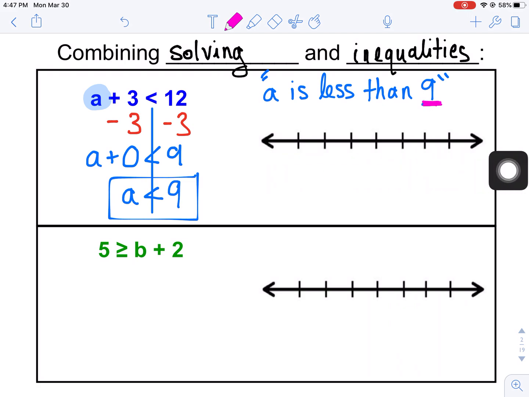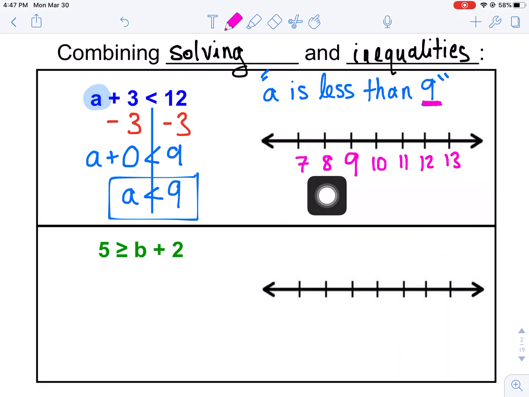So I'm just going to put 9 somewhere on my number line. It doesn't matter where. After 9 we have 10, 11, 12, 13, and before 9 we have 8, 7. So if you read them in order, 7, 8, 9, 10, 11, 12, 13.